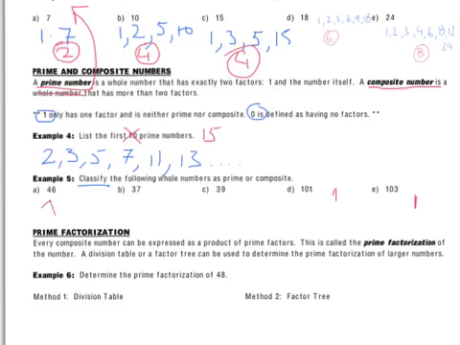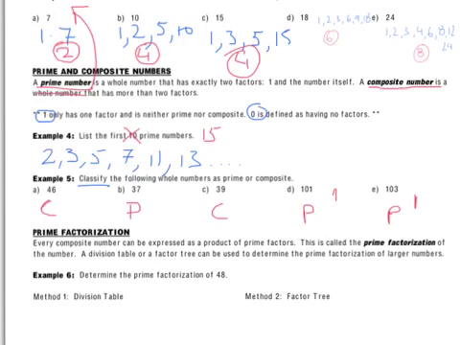Oops, sorry about that. Big C for composite. 37 will be a prime number because no other number other than 1 and itself goes into it. 39 is a composite. 101 is a prime, and 103 is a prime.